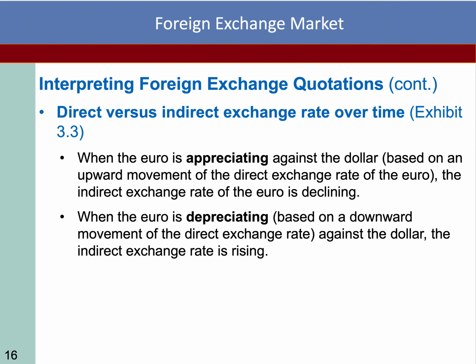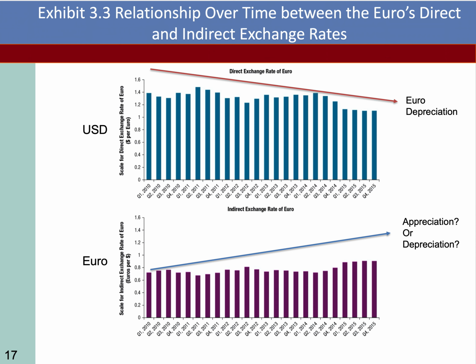Let's look at the textbook examples. The first one is a direct quote. The U.S. dollar at 1.4 ended a year later close to 1.2. So here's the trend. Euro value goes down, so we see euro depreciating. But with the same data, if we look at the inverse, remember it's a mirror image, right? In indirect quote, it looks like this: from 0.8 euro per dollar jumping to 1, for example.